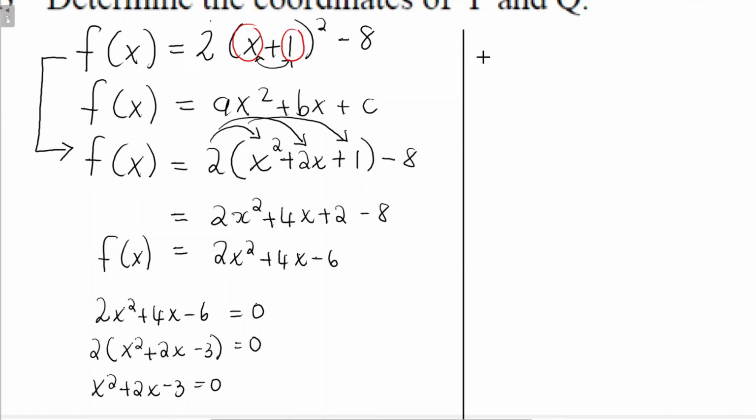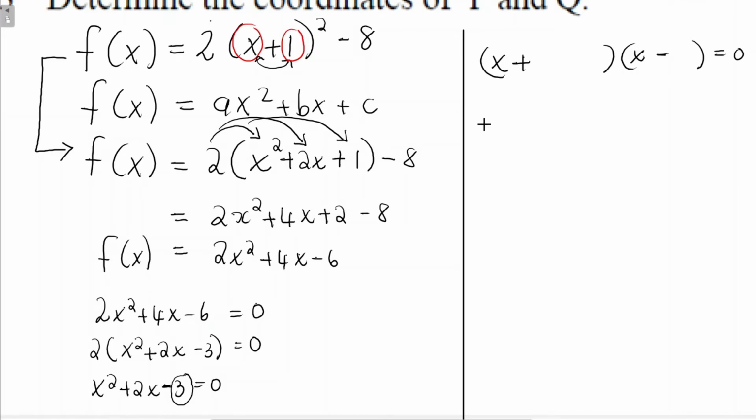Okay, so we're going to just open two brackets equal to 0. So it's going to be x and x, right? We look at that sign there, it's a negative. So that tells us that we're going to have a plus and a minus, right? And then we look for the factors of 3 that, if I add or subtract them, will give me a 2, and if I multiply them together, they'll give me a negative 3.